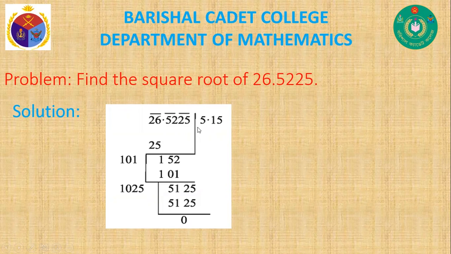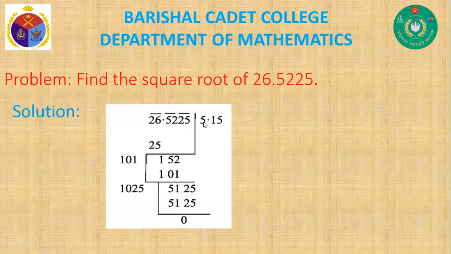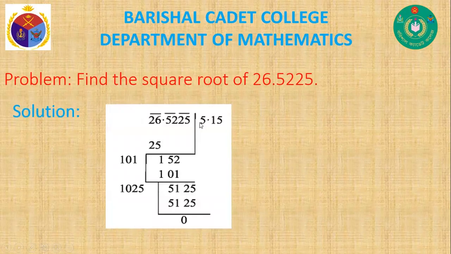Then by the usual method of finding square root, I have taken here 5 because 5 squared equals 25, which is less than 26. So I have written 5 and here is 25. Then subtracting this 25 from 26, we get 1.